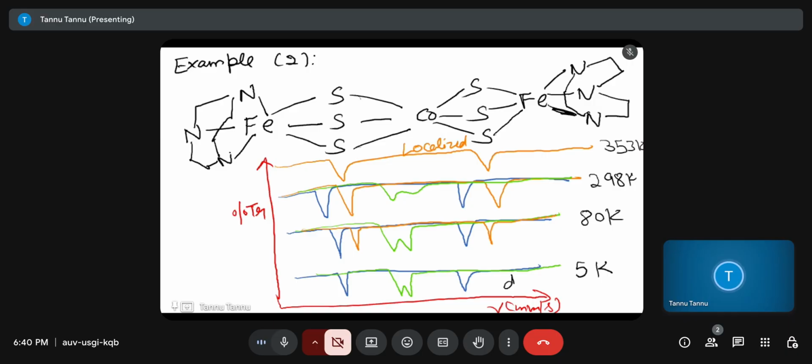So here we get a delocalized spectra, where this one is for Fe2+.